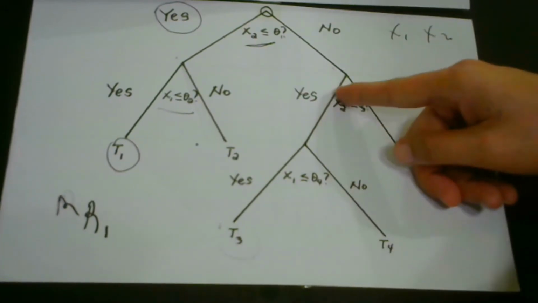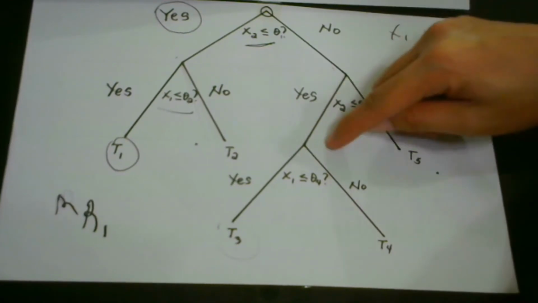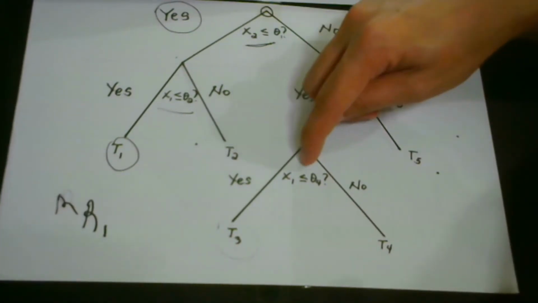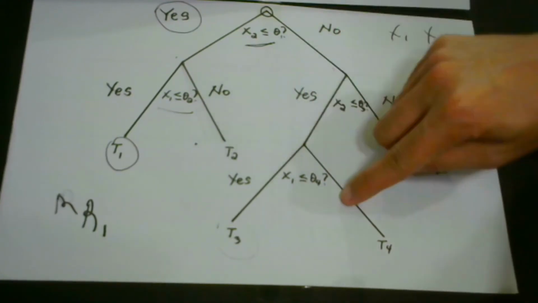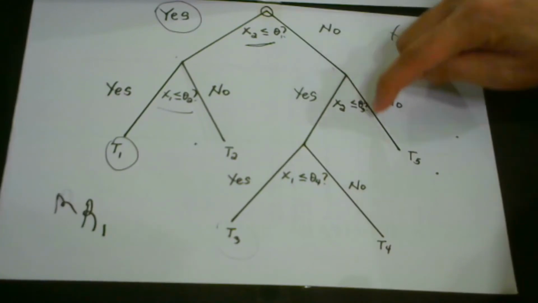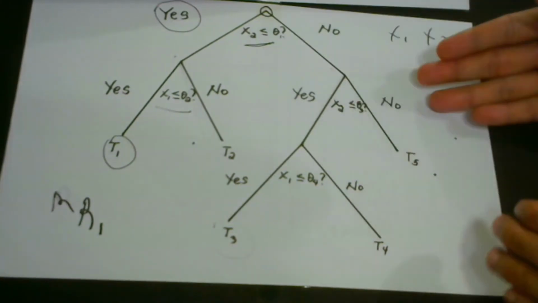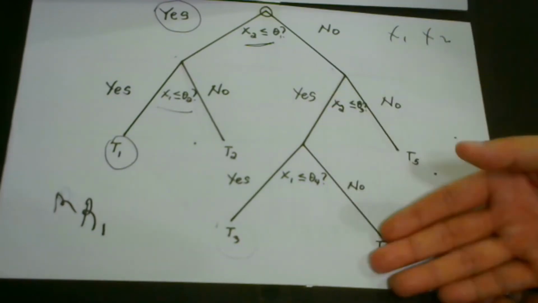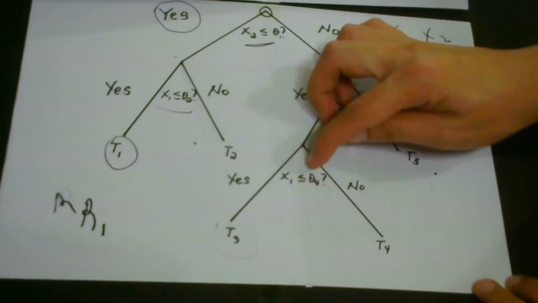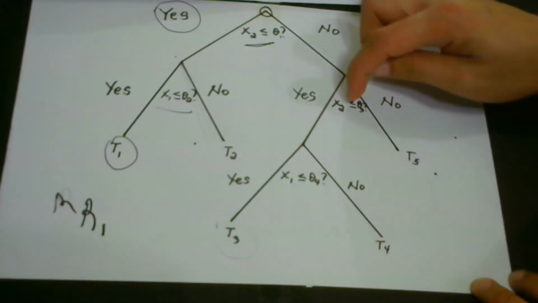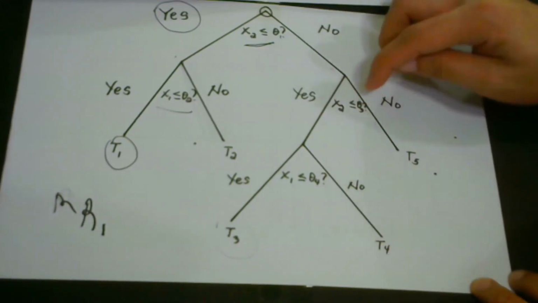So here in our T3, we could see that it is the region in x1 equal to or less than theta 4 and x2 equal to or less than theta 3. And of course, if it is no, then it is the other way around, and it is x1 is greater than theta 4 and it is x2 equal to or less than theta 3.